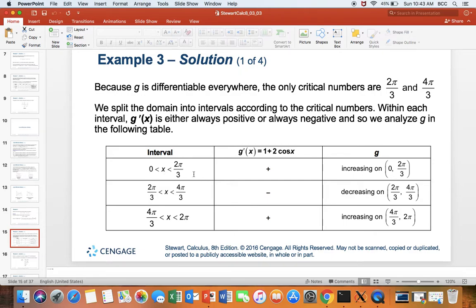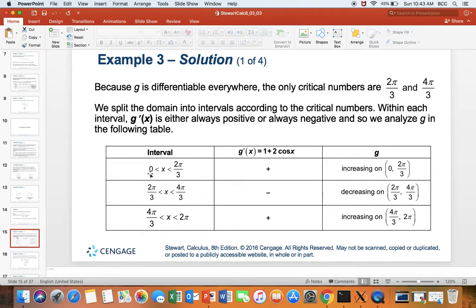Plug in some number here. Between 0 and 2 pi over 3, a good number there would be 30 degrees or pi over 6, and figure out the sign. Between 2 pi over 3 and 4 pi over 3, a good number would be pi over 2, for example. Oh, sorry, 2 pi over 3 is to the left.